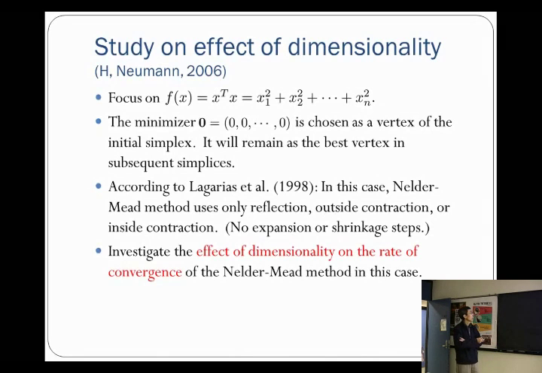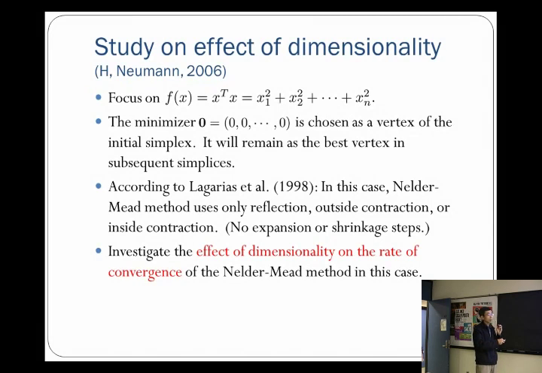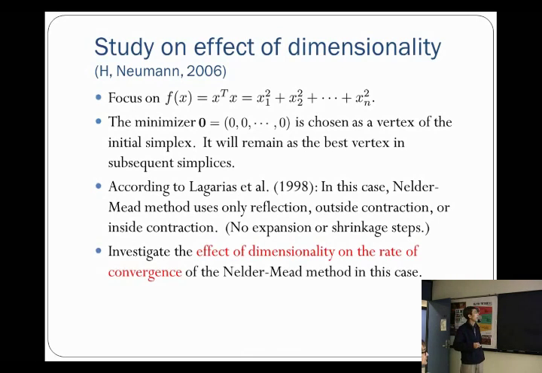For this standard quadratic, we use its minimizer as one vertex of the initial simplex. This is because this is the minimizer, and according to the Nelder Mead method, this vertex will remain as the best vertex throughout all the iterations. We have a special choice of the initial simplex.